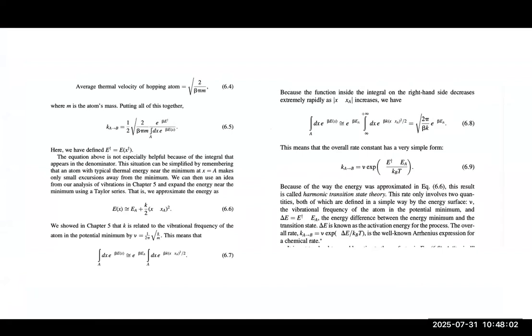And also the thermal velocity of a hopping atom can be calculated by using this equation. Now, combining both equations, we can calculate the rate of hopping A to B.